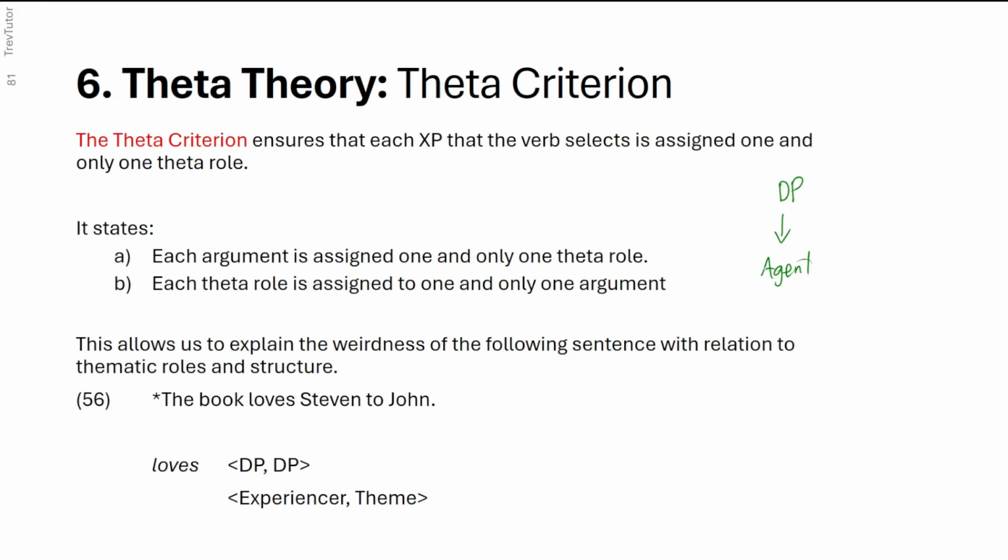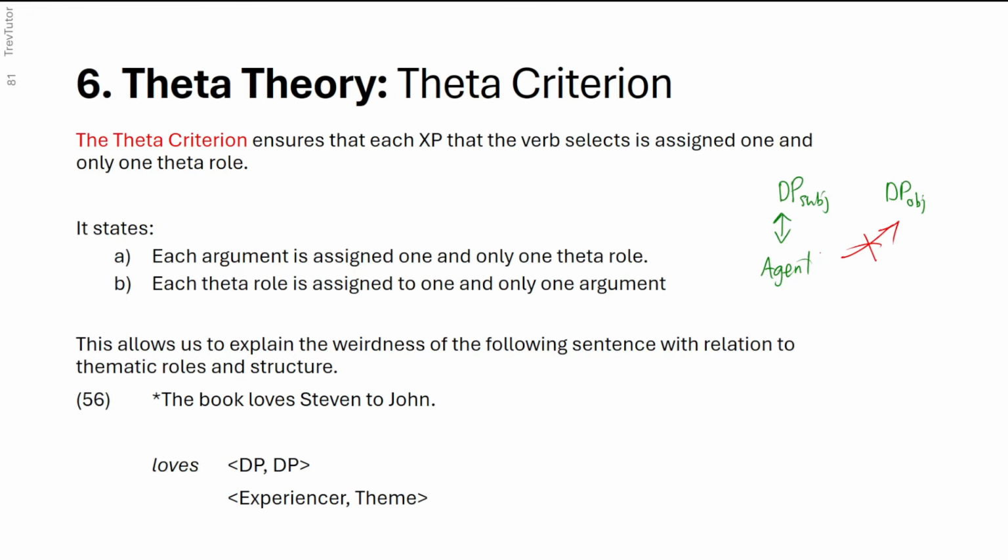And then each theta role will be assigned to one and only one argument. This means that if the agent corresponds with a DP that is a subject, and let's say we get a DP that's an object, we cannot assign agent to that DP within the same clause, because one thematic role goes with one argument. So in other words, one phrase with one role, a one-to-one correspondence in each clause.